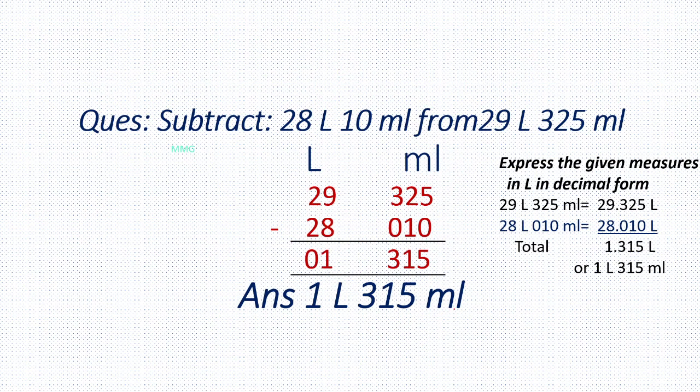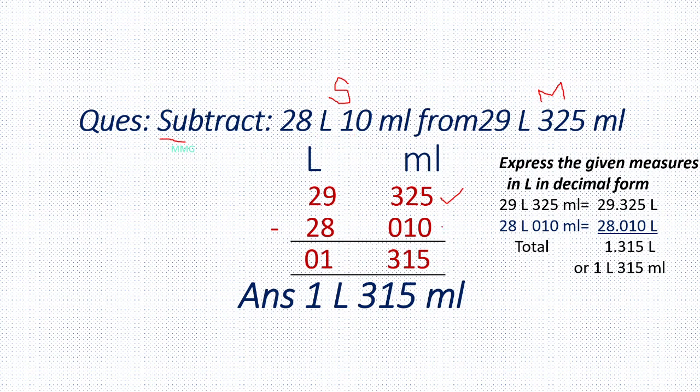Moving to the next page. Look here children, your question is subtract 28 liter 10 milliliter from 29 liter 325 milliliter. So 29 liter 325 milliliter is our minuend and 28 liter 10 milliliter is our subtrahend. Your first step is to write the units. Next step, write the bigger capacity. I have written 29 under the liter column and 325 under the milliliter column.